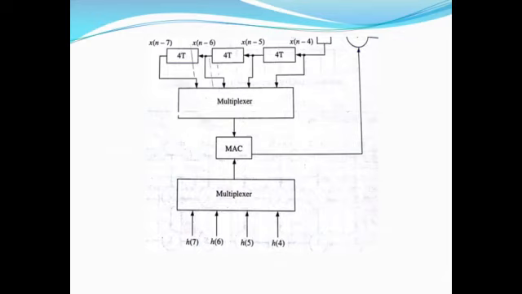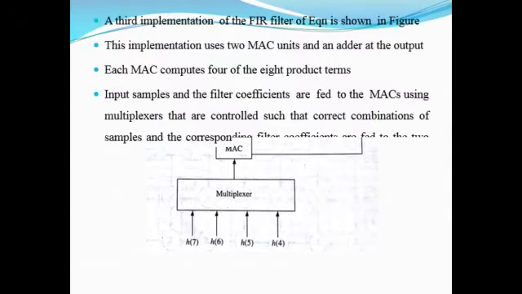H0 to H3 will be fed to a MAC unit through a multiplexer along with the inputs X of n to X of n minus 3, and the remaining samples X of n minus 4 to X of n minus 7 along with the coefficients H of 4 to H of 7 are fed to a MAC unit using a multiplexer. We can observe here.